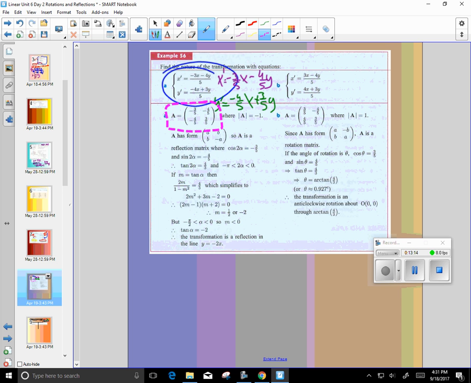Same thing with this example B. Take the determinant. If I get the determinant, I get -1. -1 means a line reflection. This is a y equal to mx reflection.